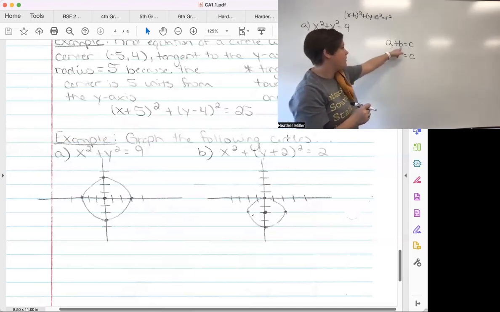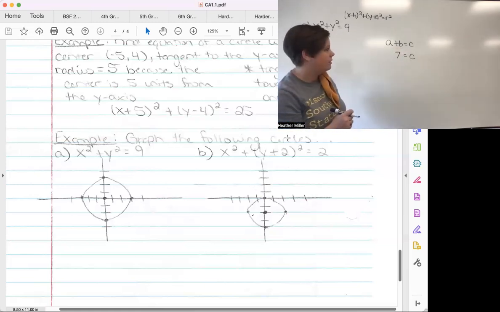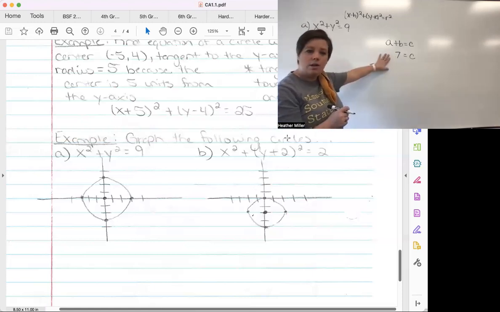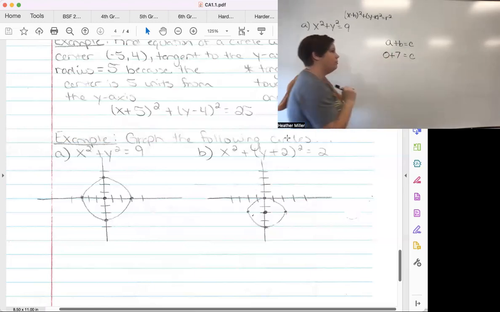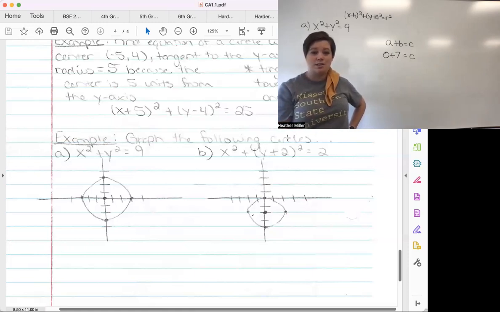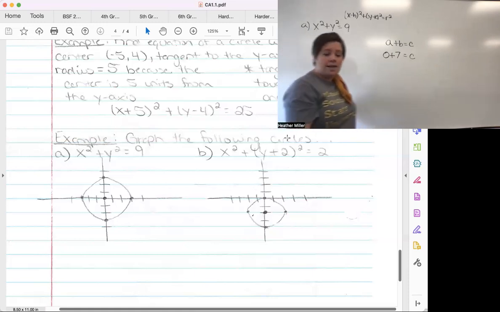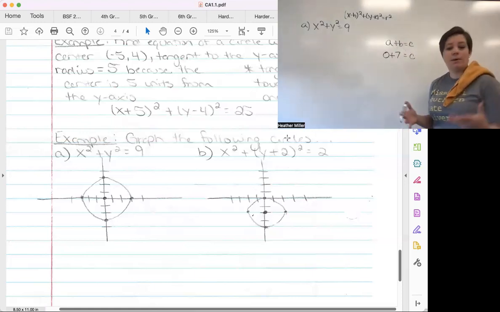So 7 is actually the value of B. So then what is the value of A? Well, I don't know because there's nothing written there, right? But what if I told you you could write 0 there, where you have 0 plus 7 equals C, so that A is actually 0. We just don't usually write it because it takes up space. And in algebra, we like to keep things as nice and neat as possible.